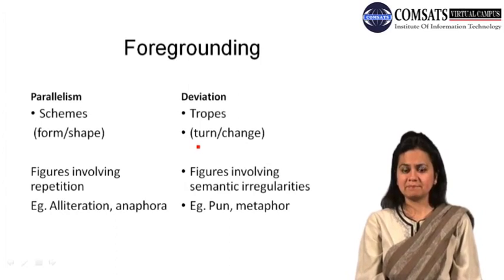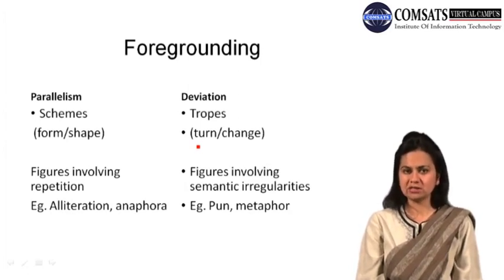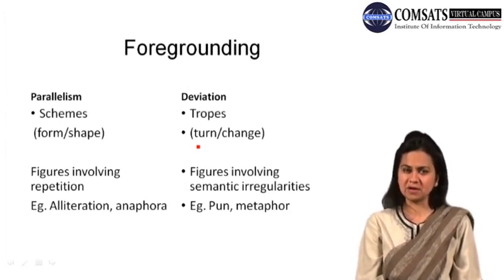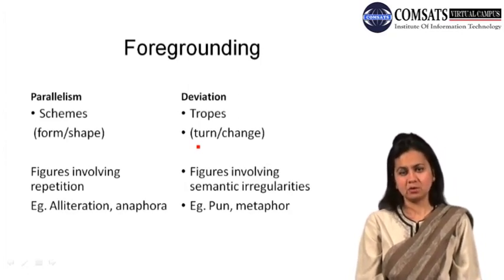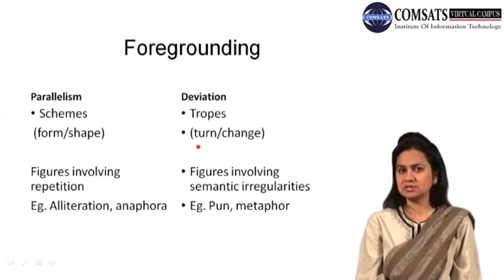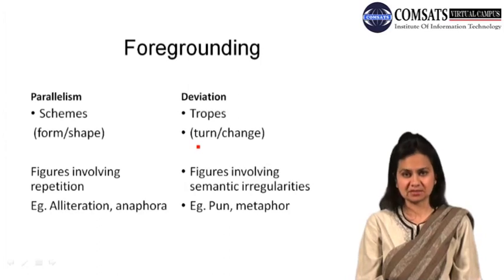So in foregrounding, a writer may stick to one way or the other. One way is to foreground something through parallelism, and the other way is to foreground something in writing through deviation. When a writer chooses to foreground something with the help of parallelism, he makes use of schemes.